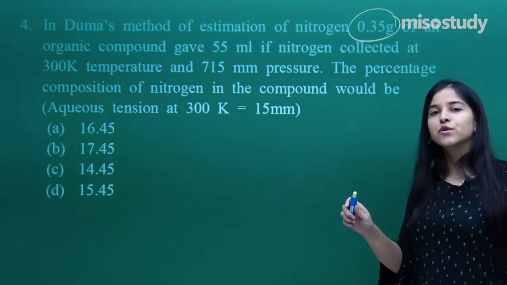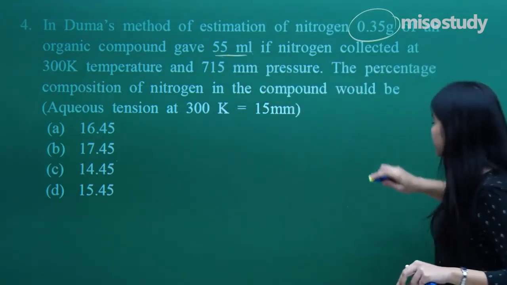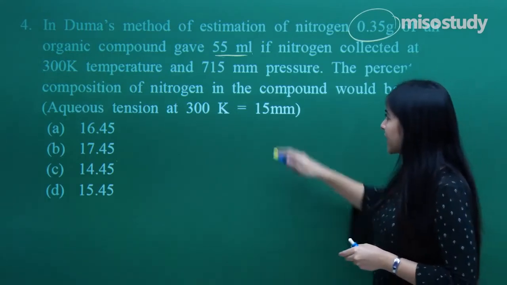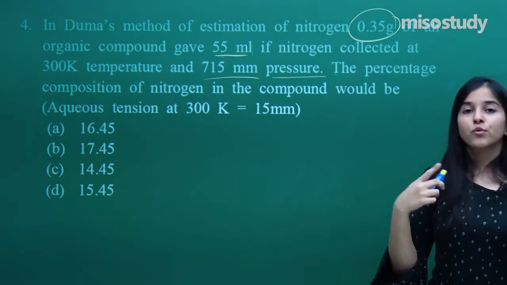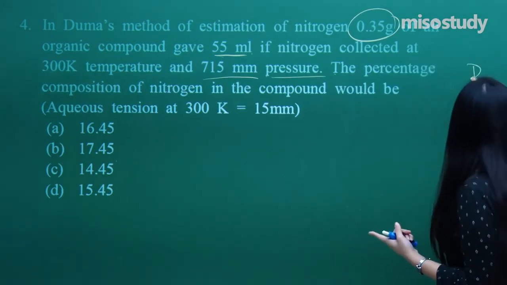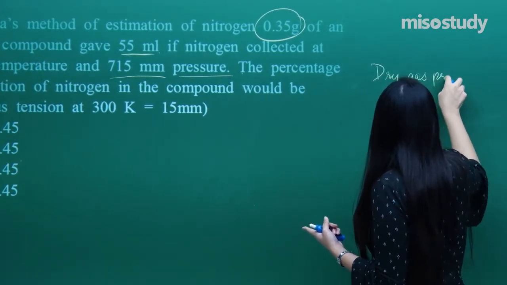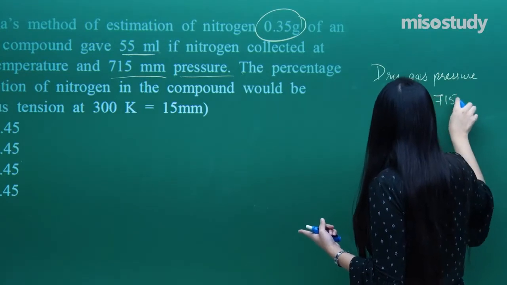Earlier it was 40 ml, now it has been changed to 55 ml. The nitrogen is collected at 300 Kelvin temperature and 715 mm pressure, that is the total pressure they have given. So what will be the dry gas pressure? The total minus the aqueous tension.